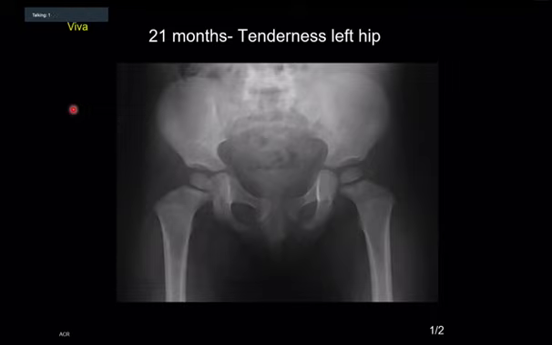Frontal radiograph of a patient with an immature skeleton and complaining of tenderness in the left hip. So I can't see any bony abnormality or fracture, but there appears to be a lucency in the proximal metaphysis of the left femur. There is a surrounding sclerotic rim. I can't see any aggressive periosteal reaction.